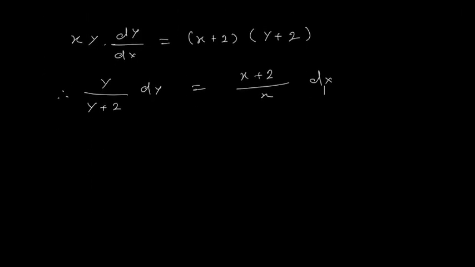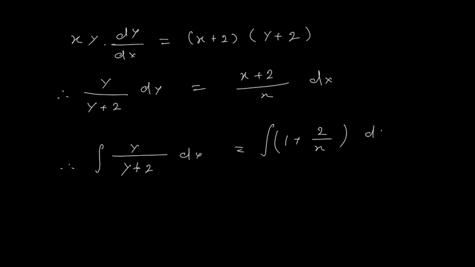We have to find the solution, so therefore we will integrate. Therefore the integral of y upon y + 2 into dy is equal to the integral of, here x upon x is 1, plus 2 upon x dx. Now here, in y upon y + 2, the degree of the numerator is the same as the degree of the denominator.